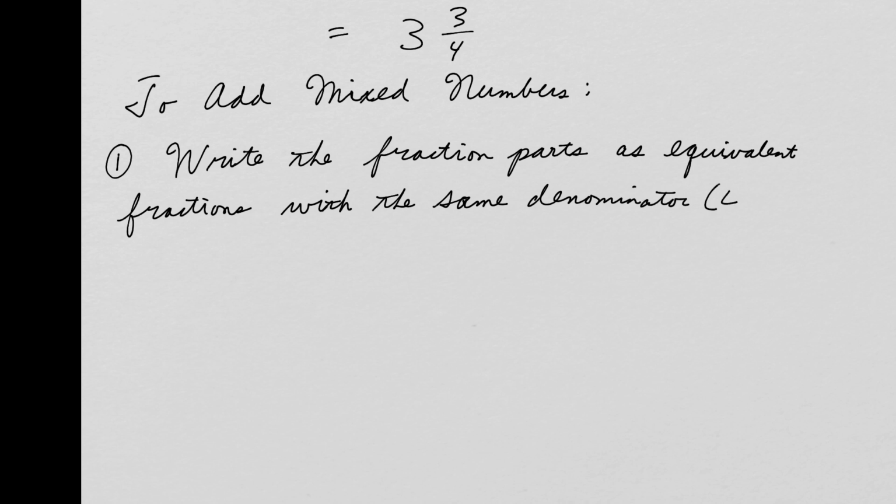You really want to use the lowest common denominator again, because it makes the simplification the least amount at the end. Then once you've done that, you can add the fraction parts.